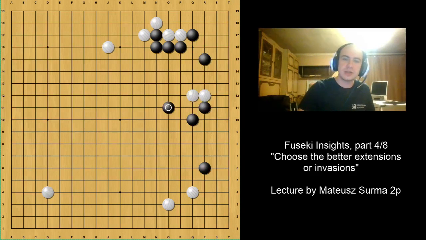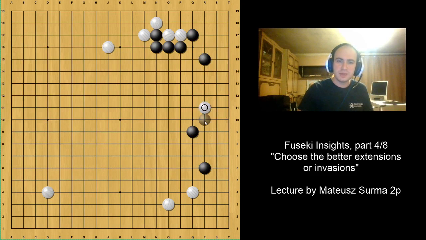But in case white is a little bit further, like when we have a shape like this, it might already be a little bit bigger space. Still it looks risky, but it might be a little bit bigger space for white to try to live there. To make it less risky, maybe we can think about sacrificing some part of our stones or of our groups.